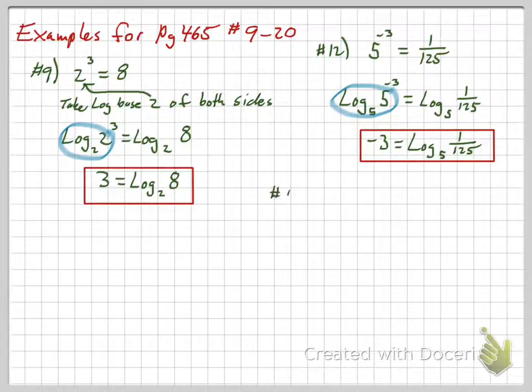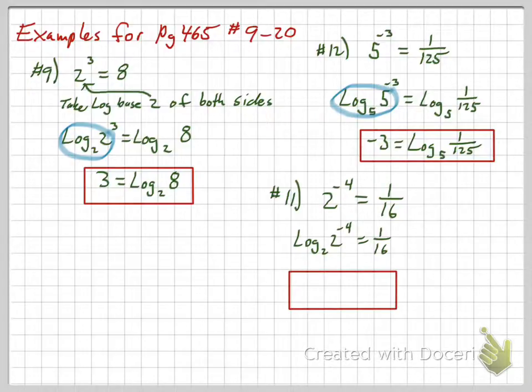Okay? And let's do number 11. Let's at least get it set up. Number 11 is going to work exactly like number 12. I'm going to take log base 2 of each side. And then you know what's going to happen next. I'm going to use that inverse property right there. So that side is going to become just simply -4.